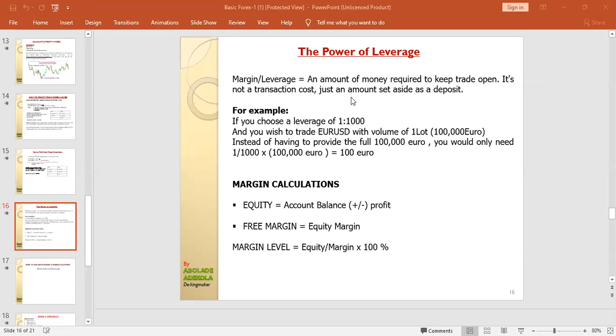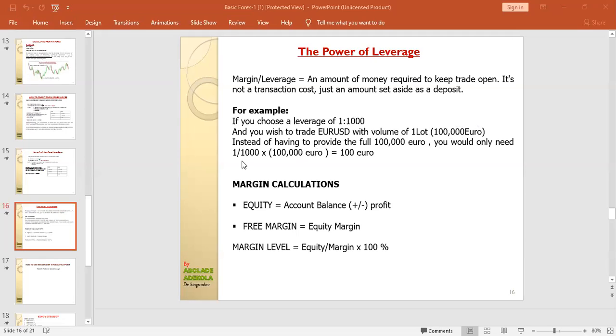So for example, if you choose a leverage of 1 to 1,000 and you wish to trade Euro USD with a volume of one lot, volume means lot size, and that is 100,000 euro, which is also 100,000 units. Instead of having to provide the full 100,000 euro, you only need 1 divided by 1,000.